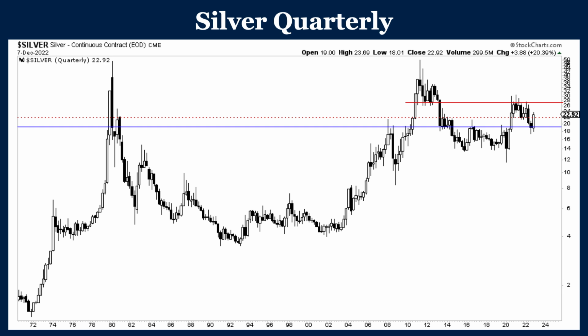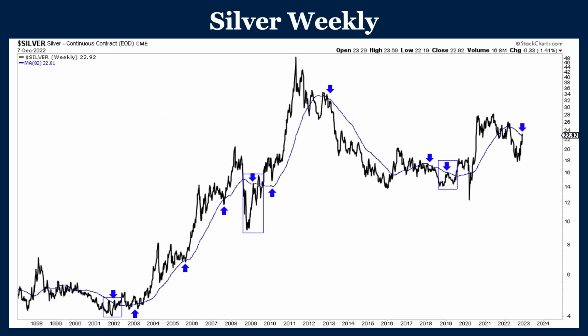If silver takes out 27 to 28 bucks and is trading in the 30s, then the market is going to be thinking it's going to retest 50 again, obviously. So for all those reasons, 27, 28 bucks, extremely significant. On the quarterly chart here, it's $27, so it's got to make a quarterly close above 27 bucks.